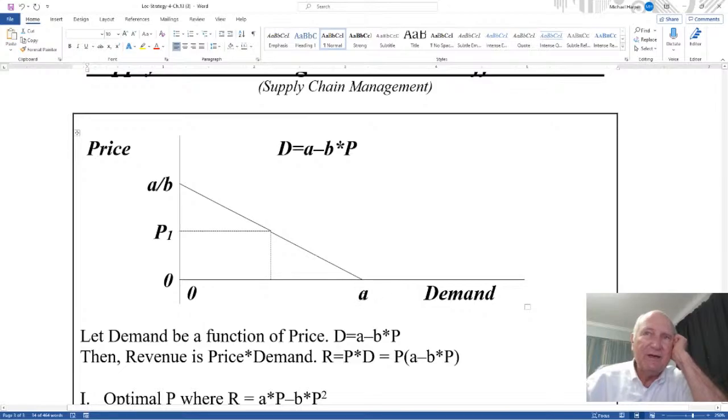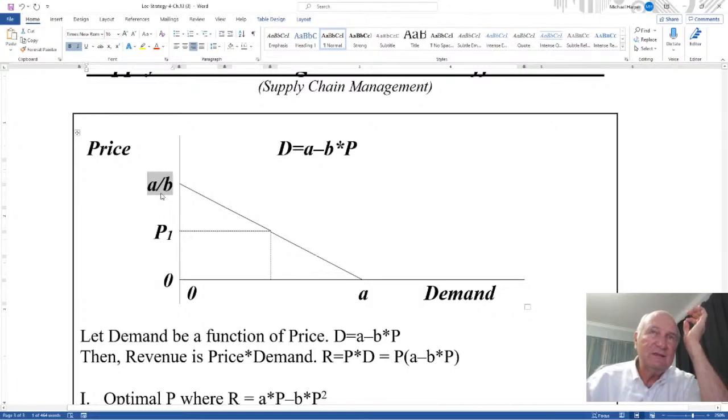So this A here is the level of demand, the amount of demand if the price is 0. I'm sorry. This price up here, for this price, the price is so high that the demand is 0.